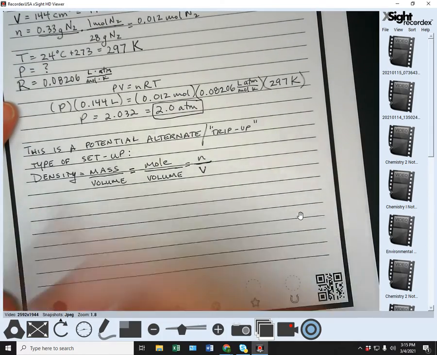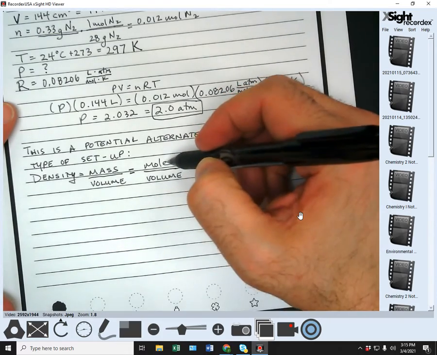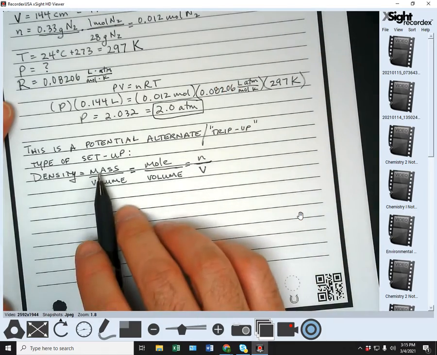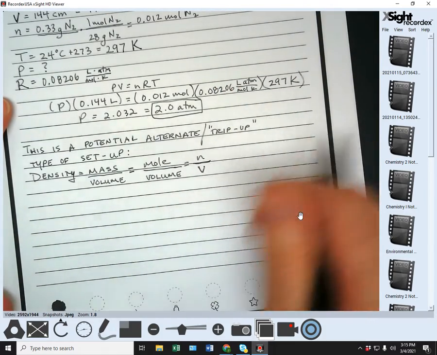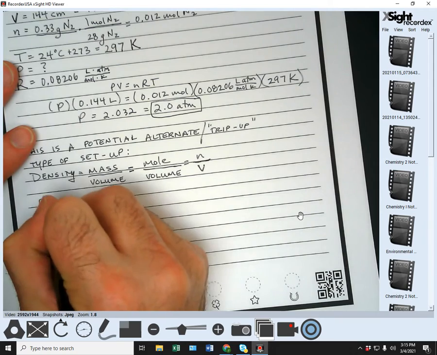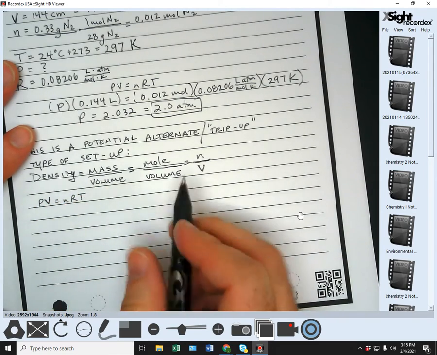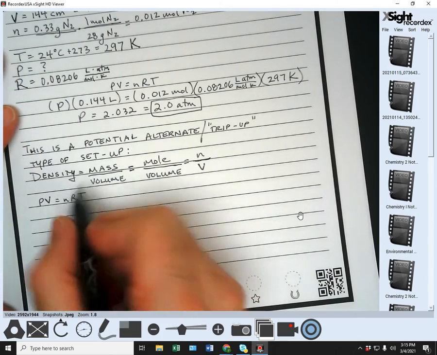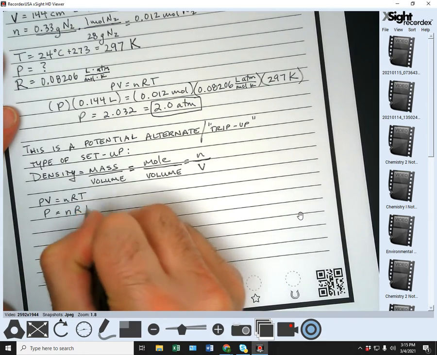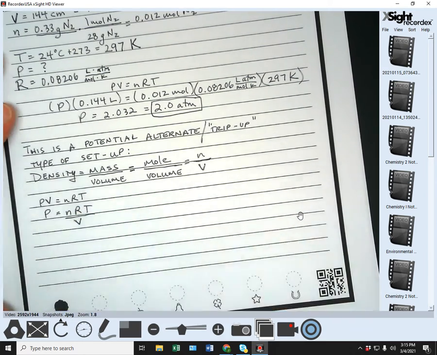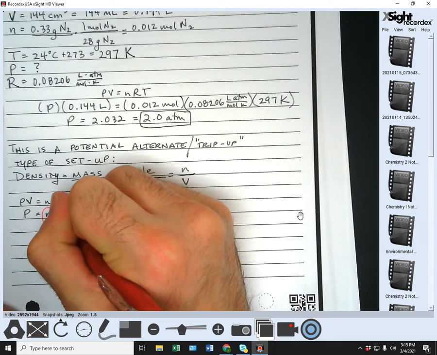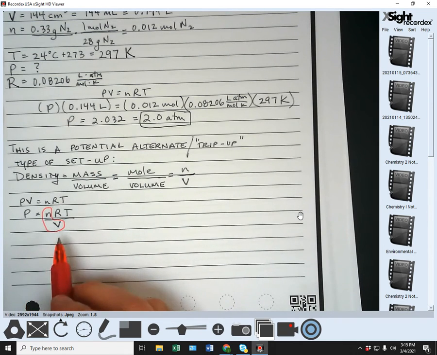So if they give you a density, it can actually be done in terms of n over V. Basically, if you take PV = nRT and rearrange, if you're solving for pressure like we were here, you get pressure equals nRT over V. If you look, n over V is density.